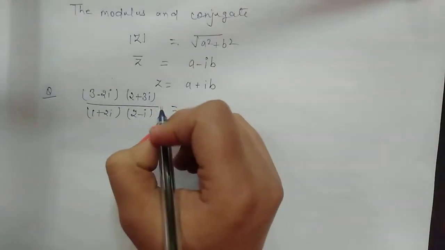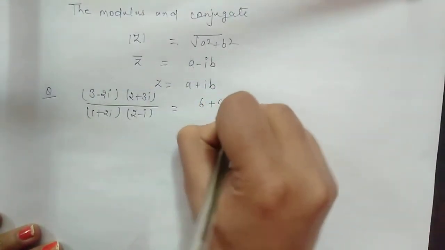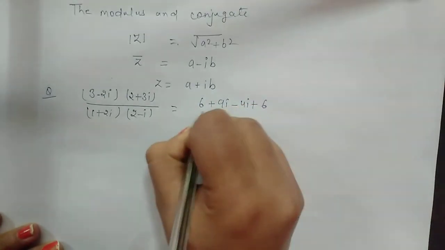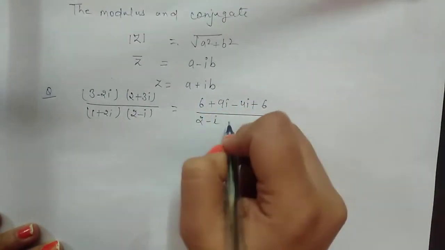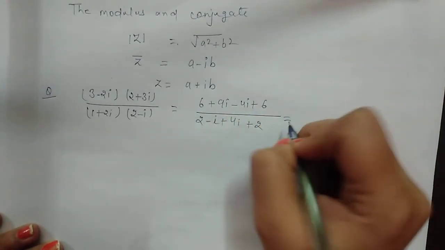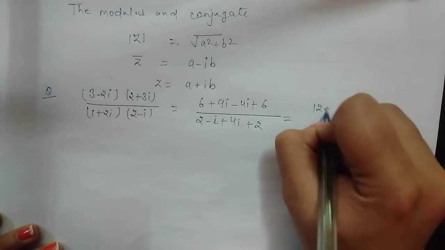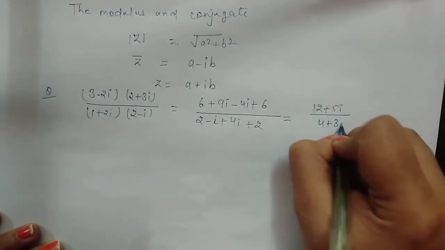When we performed the multiplication on top, we get 6 plus 9 iota minus 4 iota plus 6, and when we performed the multiplication at the bottom, we get 2 minus iota plus 4 iota plus 2. By solving this, we get 12 plus 5 iota upon 4 plus 3 iota.